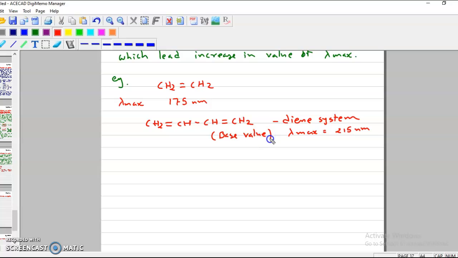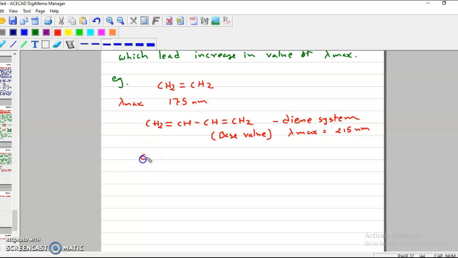UV visible spectra is mainly for more than one alternate pi bond, that is, conjugated systems. So normally we take UV visible spectra of those unsaturated compounds in which we have at least two alternate pi bonds or more, not a single bond. Okay, so this is our main system.